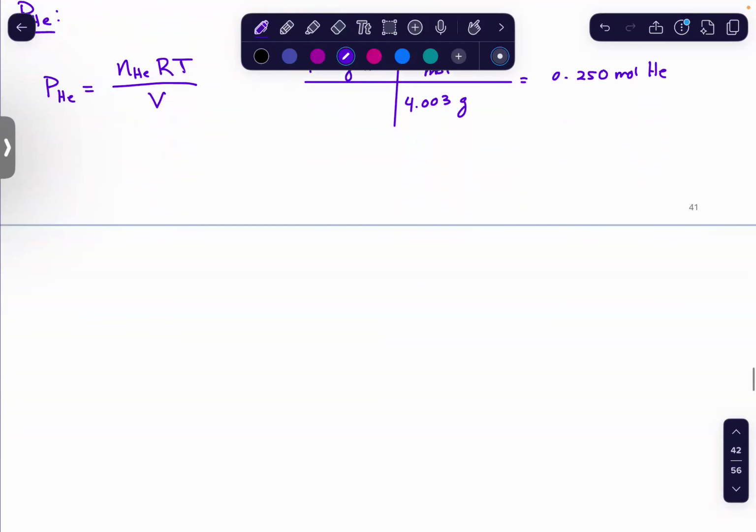So then my pressure of helium, okay, so that's going to be 0.250 moles. All the other numbers are the same.